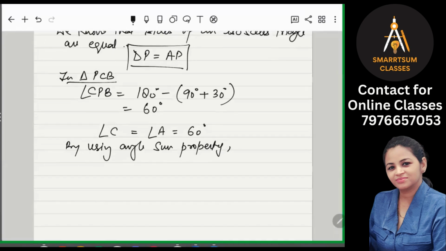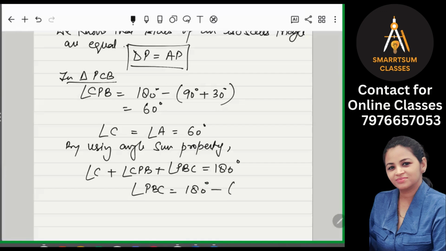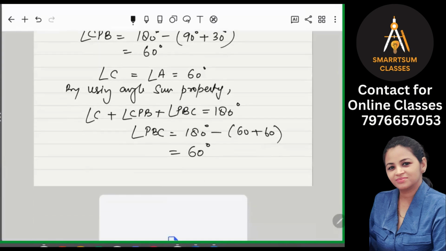Now using angle sum property, we can say that angle C plus angle CPB plus angle PBC is equal to 180 degree, right? So from here you can find angle PBC is equal to 180 degree minus 60 plus 60. That is 60 degree, right?